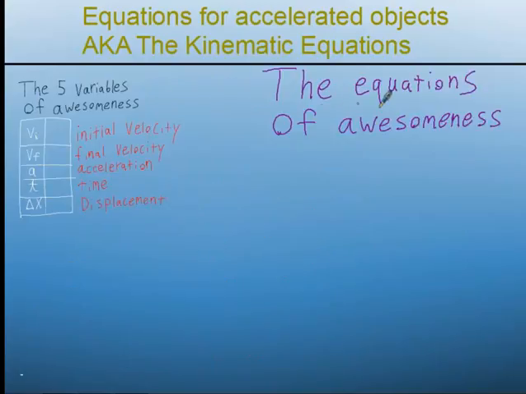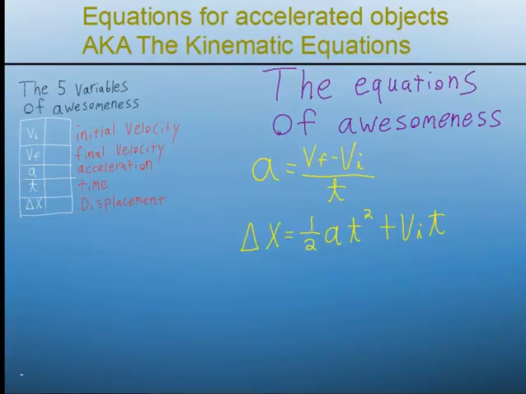So here are the equations of awesomeness that tell you what in the world you're going to do with these variables. We've already covered this one. Acceleration equals final velocity minus initial velocity divided by time. How much faster or slower you got divided by how long it took. The second equation is delta x equals 1/2 at squared plus VIT.